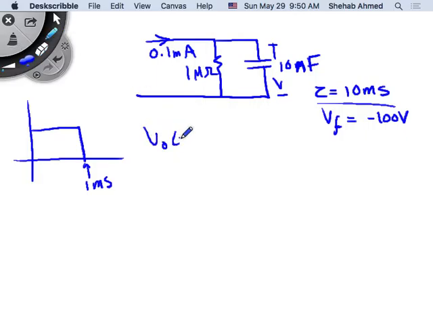V output of t is K0 plus K1 e to the minus t over tau. But isn't it DC? Yes, it's the DC source.